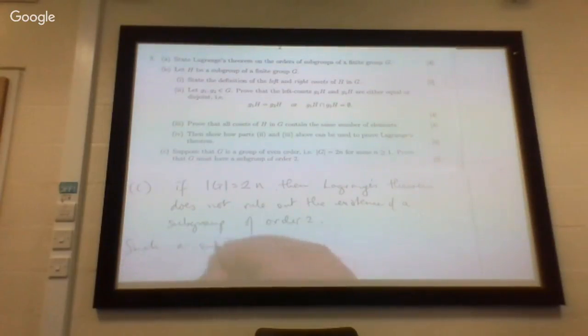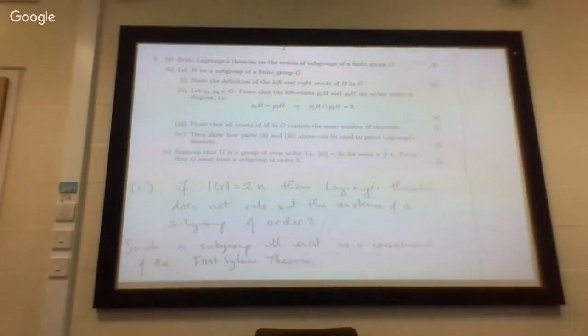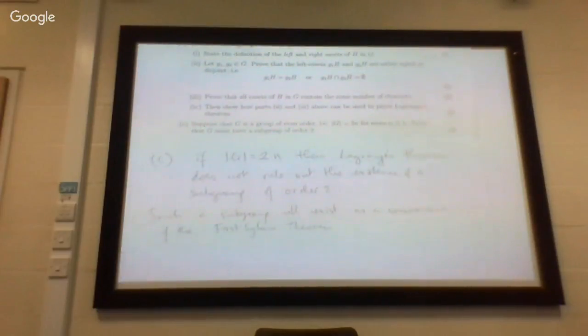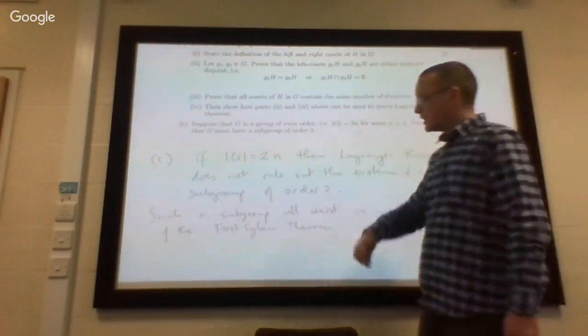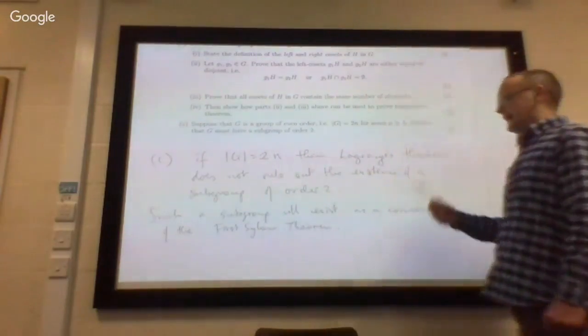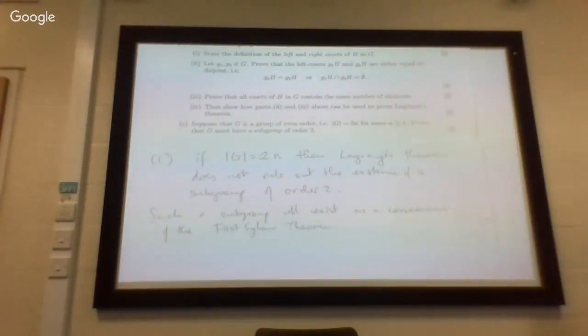So such a subgroup will exist as a consequence of the first Sylow theorem. That says if any power of a prime divides the order of a group, not necessarily the maximal one, then it will have subgroups of that size.